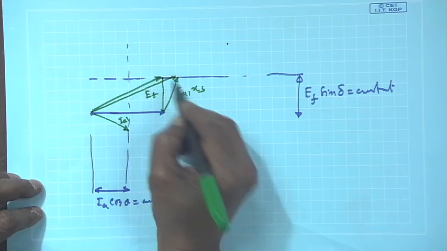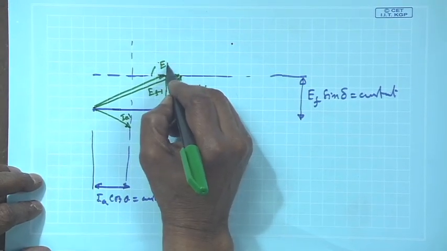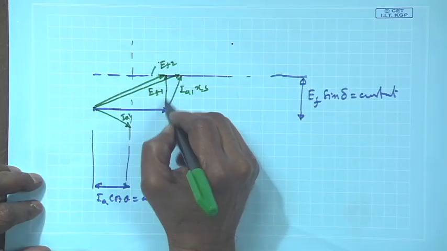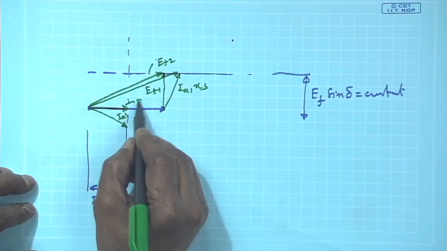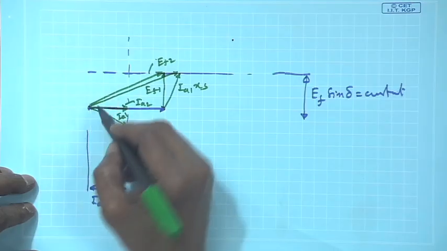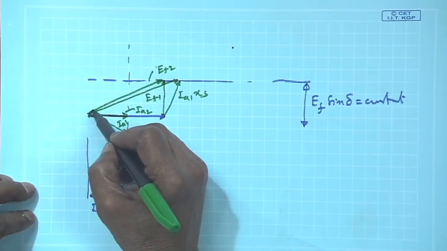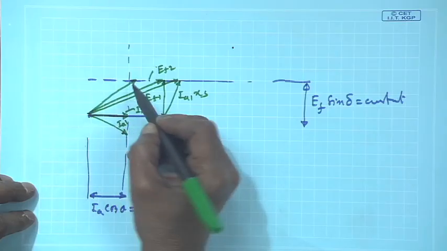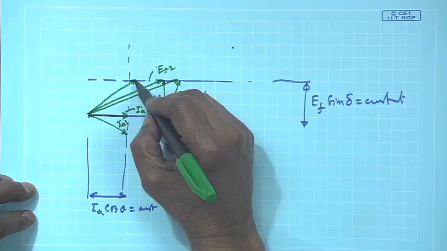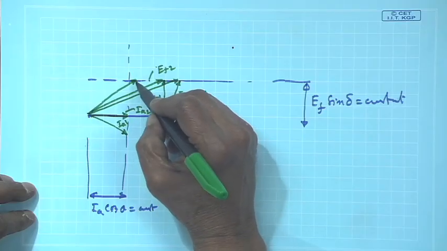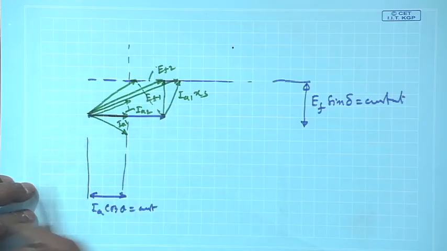If you lower the value of excitation, this becomes E f 2, and this is j I a 2 x 2, your I a 2 will be here, new delta, and further reduce the excitation, it will be operating at leading power factor such that I a 2 x 2 and so on.